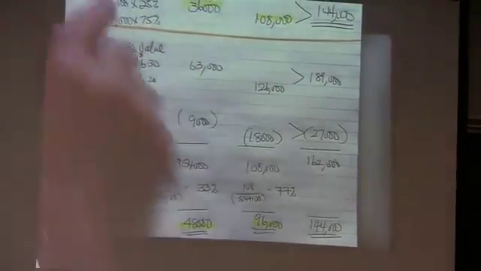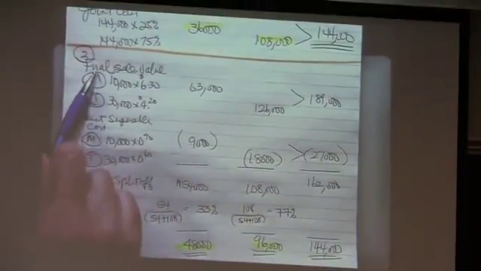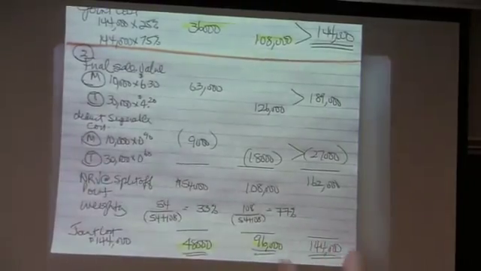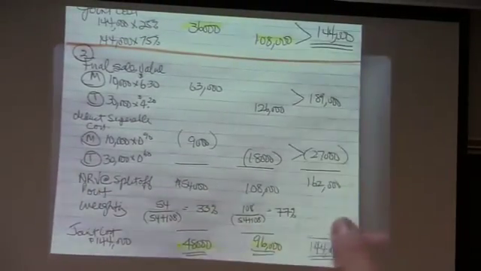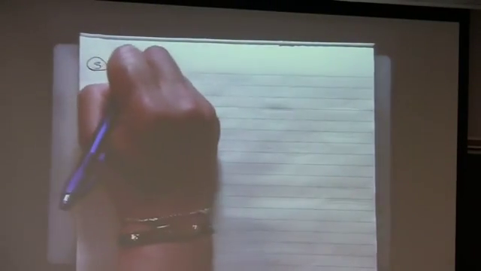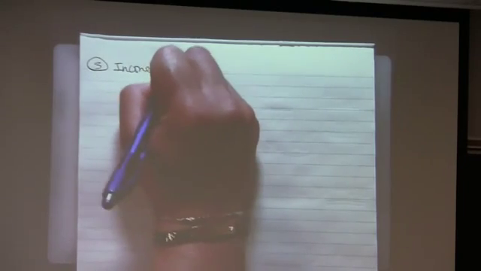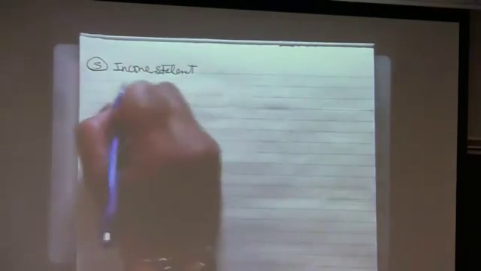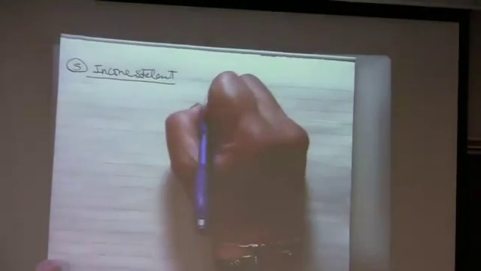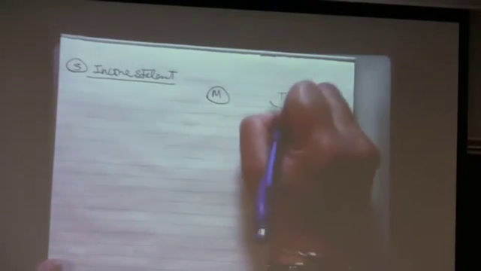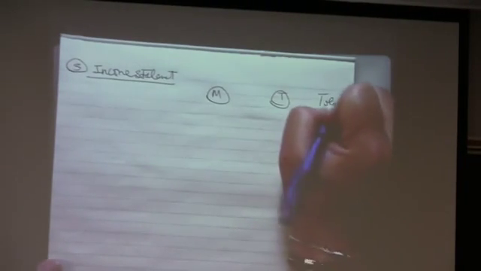So I just answered part 1 and I answered part 2, and it says do the income statement. So we're going to do the income statement based on these. So I've got M and T and total.